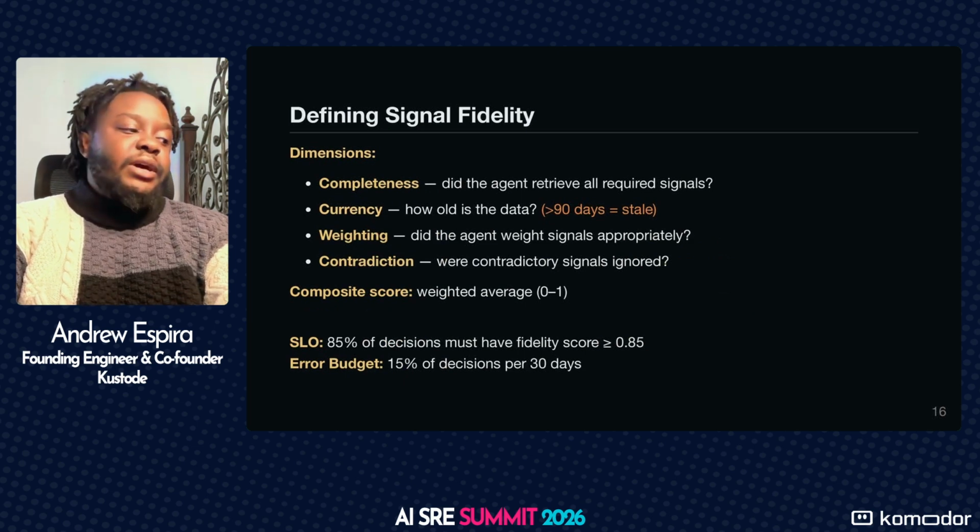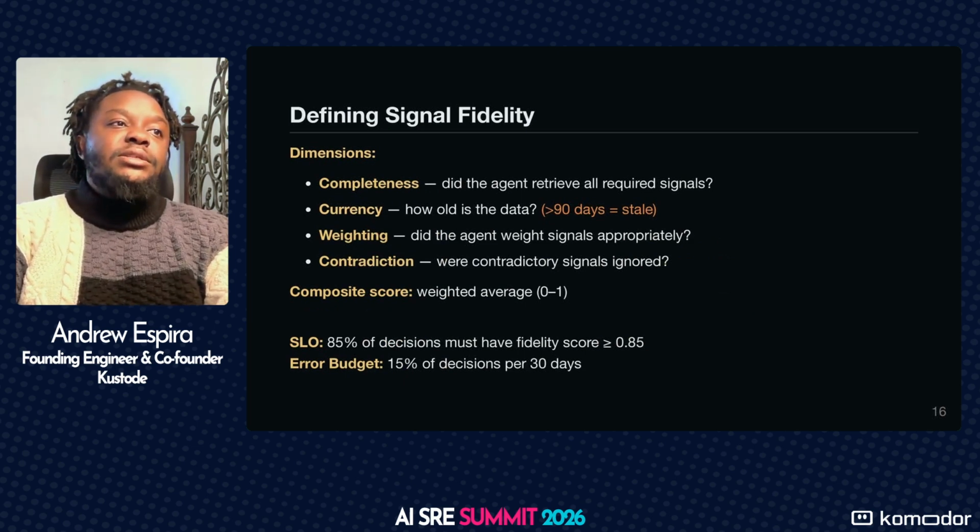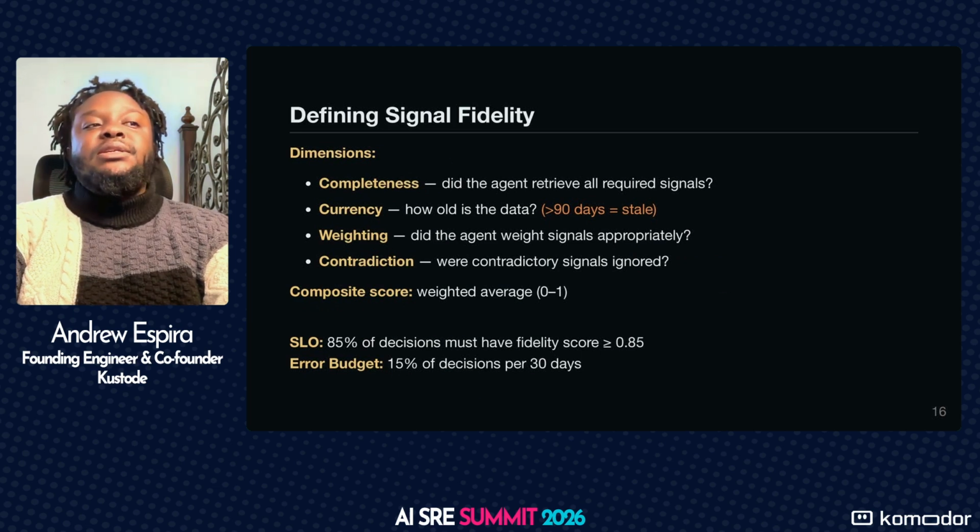And then the confidence calibration. So we define the signal fidelity, how all the data is, and then you create a weighted score across it, and that gives you an SLO and an error budget that you can use as the best metrics within your alerting principles.